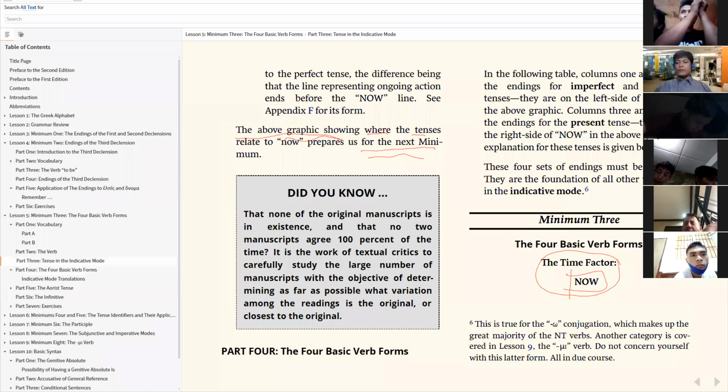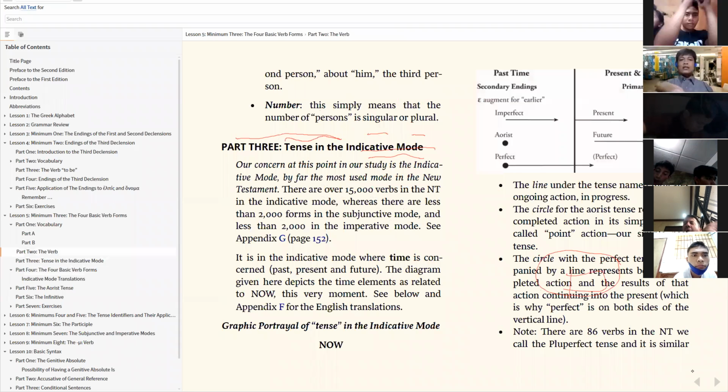So again, before we move on, the concern that we have is the now, okay? This is the now, right? Secondary endings would tell you that before you reach the now, these are all belonging to the secondary endings. And from the now to the future, you have the primary endings.